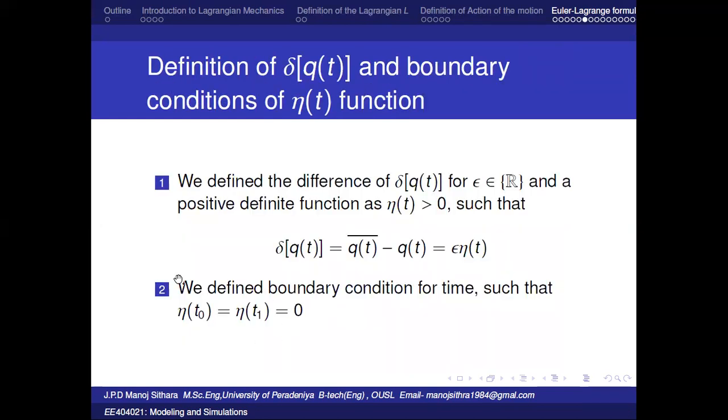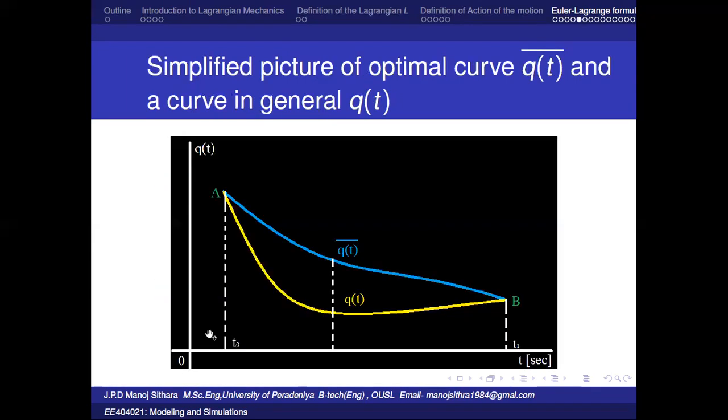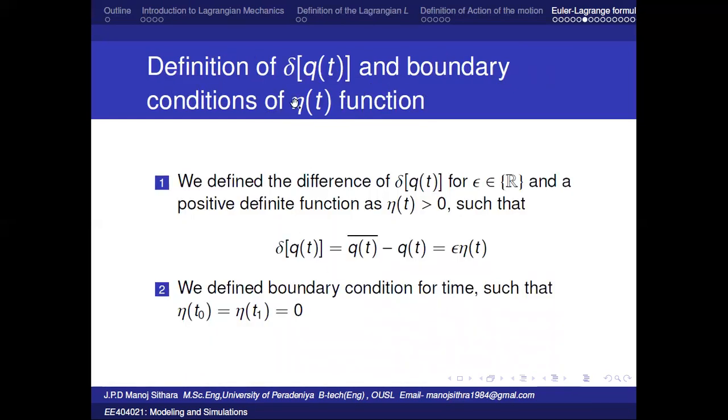So we assume this boundary condition for the eta function. That means when t equals t0 and t equals t1, this unknown function eta will be 0, and we know that this eta is the positive definite function. These are the definitions which we need to treat this problem.